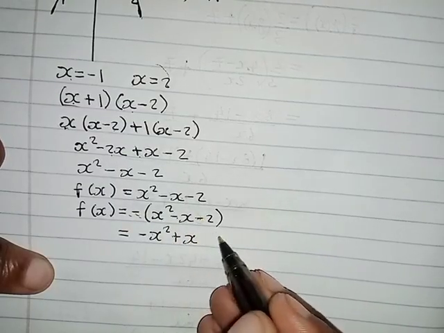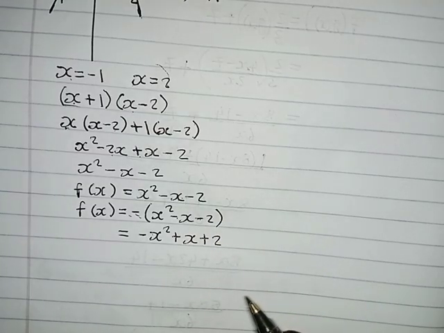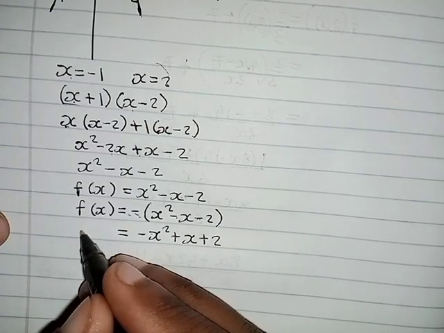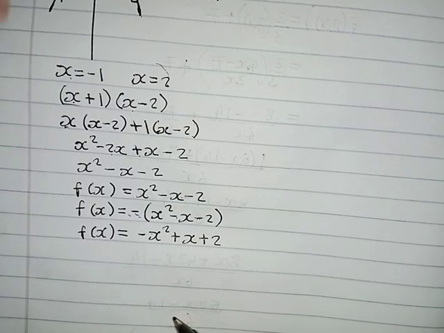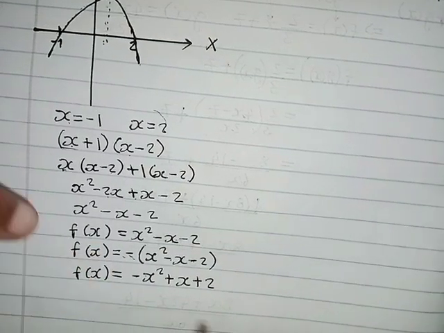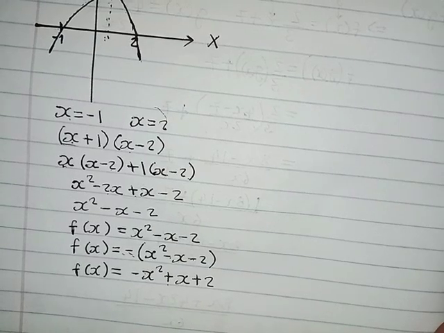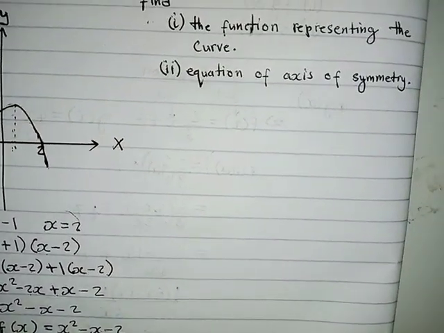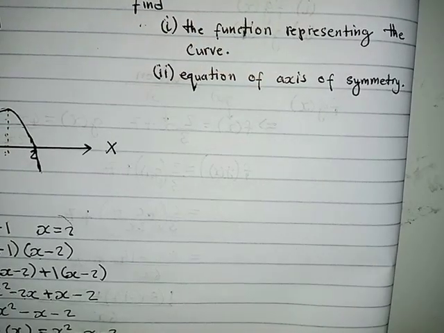Then negative times negative, we get +2, like that. So this is the final answer. The function representing this curve should be f of x is equal to negative x squared plus x plus 2, like that.